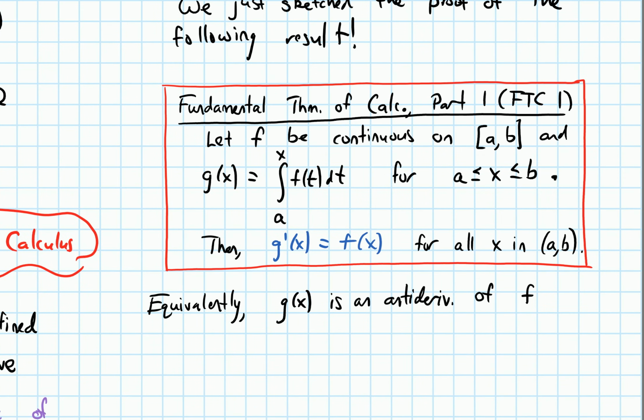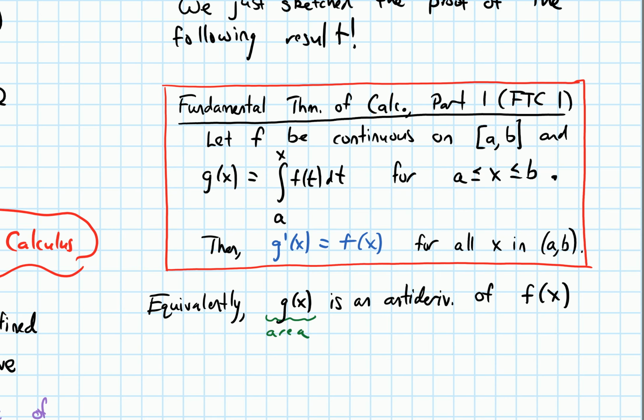So what was g of x, though? g of x represented an area. So what we're saying here is, if I have a function f of x, the antiderivative of it is connected to an area under its graph. And that's a remarkable result.